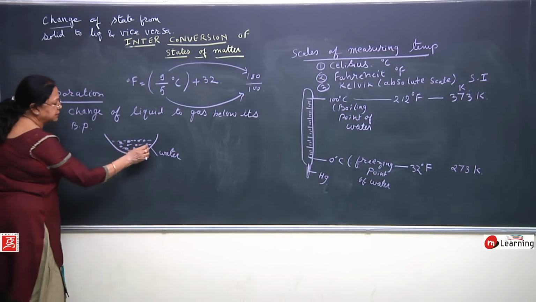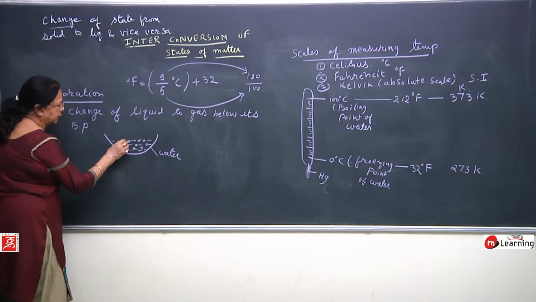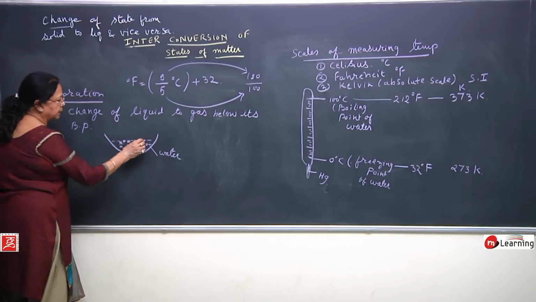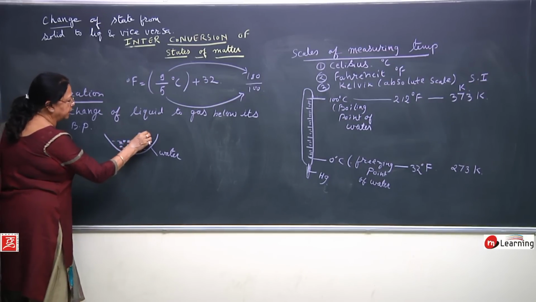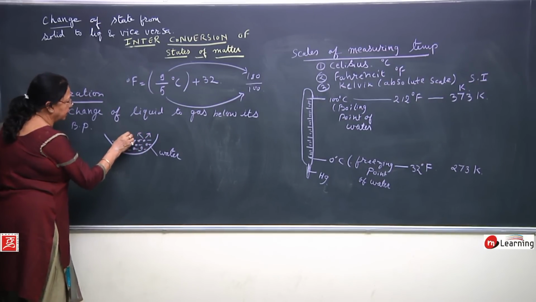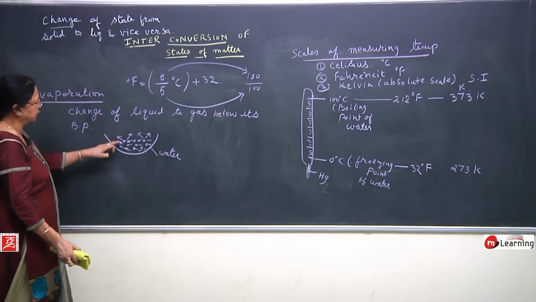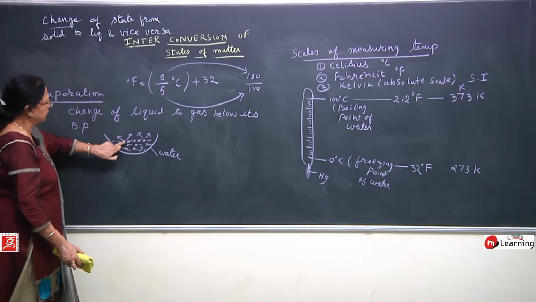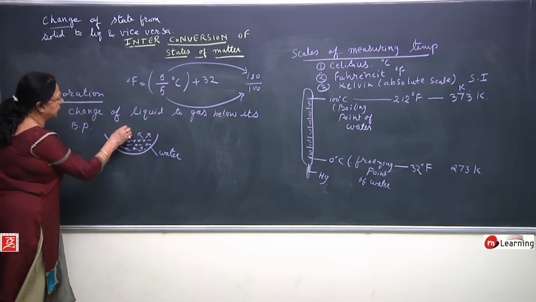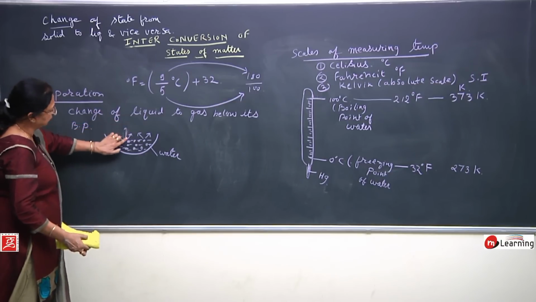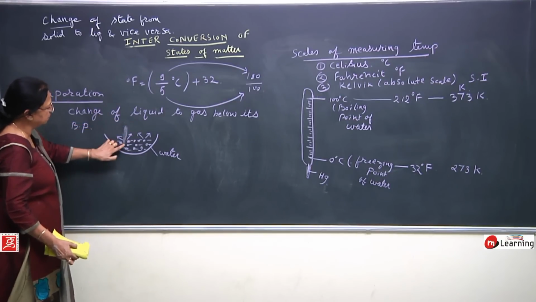Now inside there will be nothing, but on the surface, these particles are also moving in all the directions, and some particles, when they move, come out here, they go into the atmosphere, and now this liquid will have less number of particles.